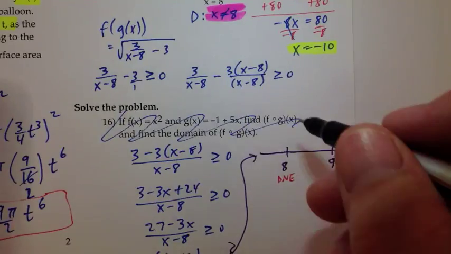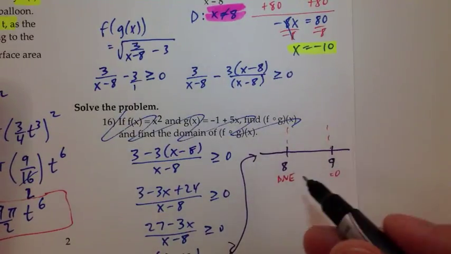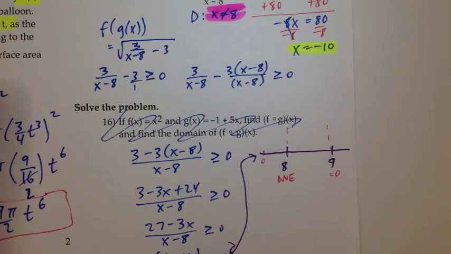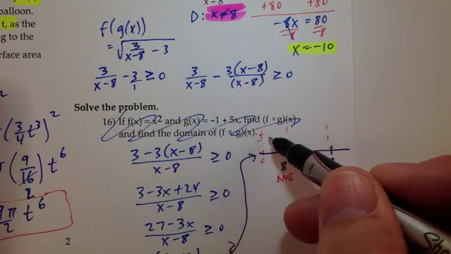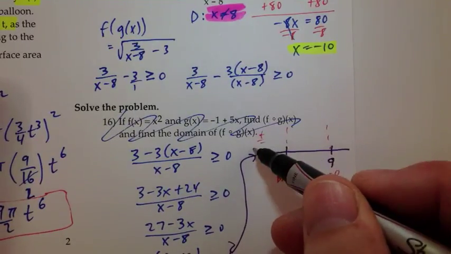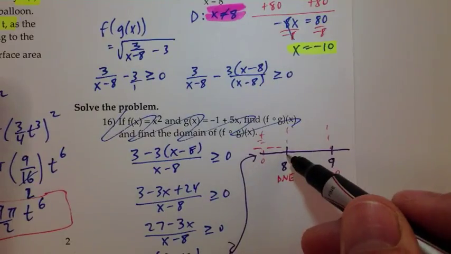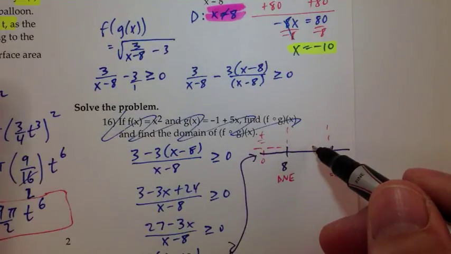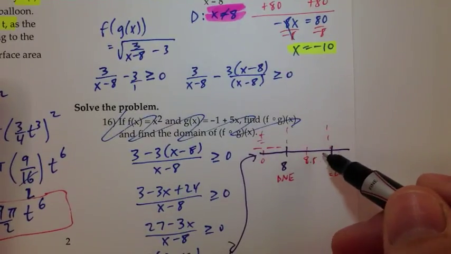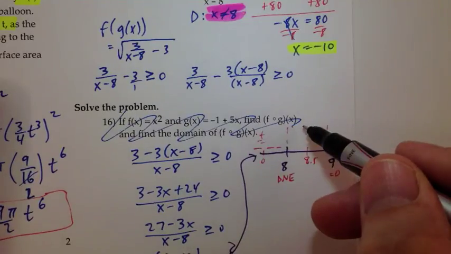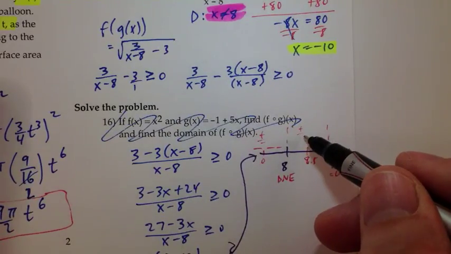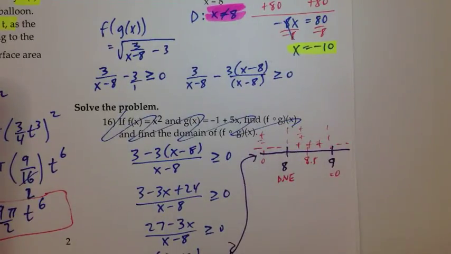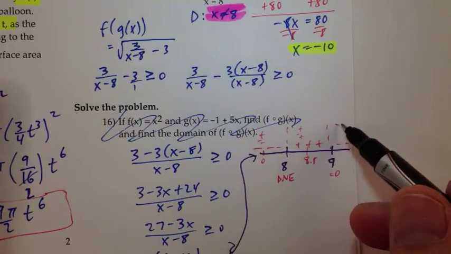Okay? And so to the left of 8, let's say we pick x equals 0, we see that we have 9 minus 0, so positive numerator, 0 minus 8, negative. So those are bad values on the interval from negative infinity to 8. Between 8 and 9, 8.5 test value, we can see 9 minus 8.5 is positive, and 8.5 minus 8 is positive. So that's good. And then once we get past 9, we could clearly see 9 minus any bigger number than that would be negative over a positive.